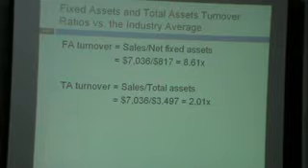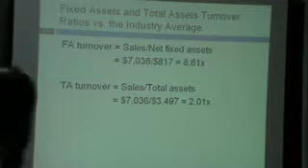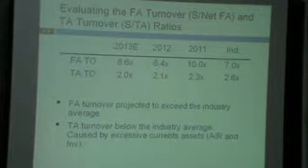If we look at total asset turnover, sales divided by total assets, the total asset turnover is less, it is 2.01 times. It means there might be a higher ratio of current assets in this company. That we can see from the analysis.